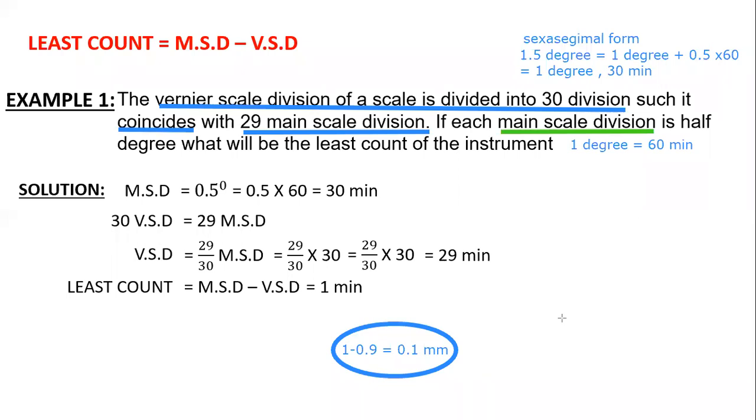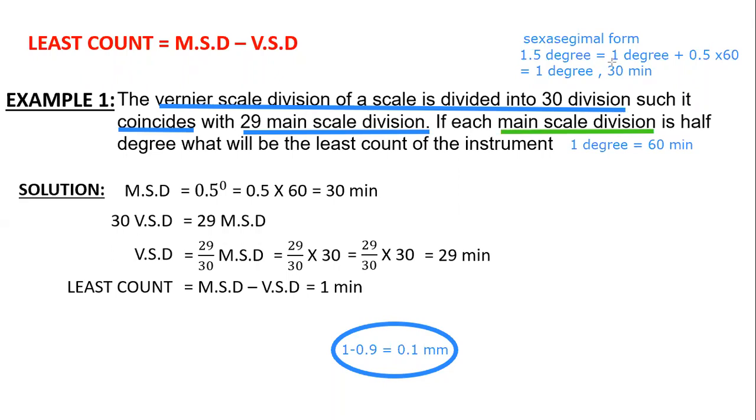Okay, who has a doubt? Arham. Yeah, Arham, what is the doubt? Sir, I'm not understanding the solution after VSD equals 29 by 30 MSD.